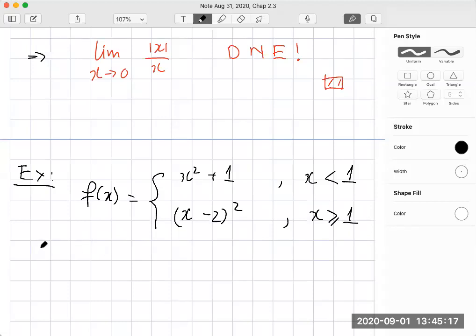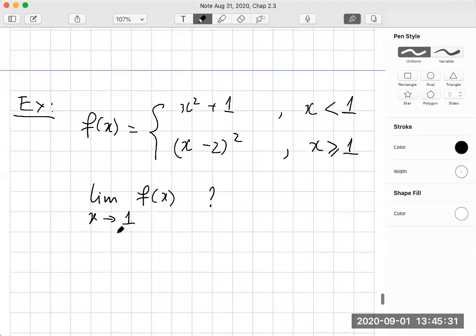So we need to find if the limit of this function when x approaches 1 exists, and what is it. If it does not, prove it.